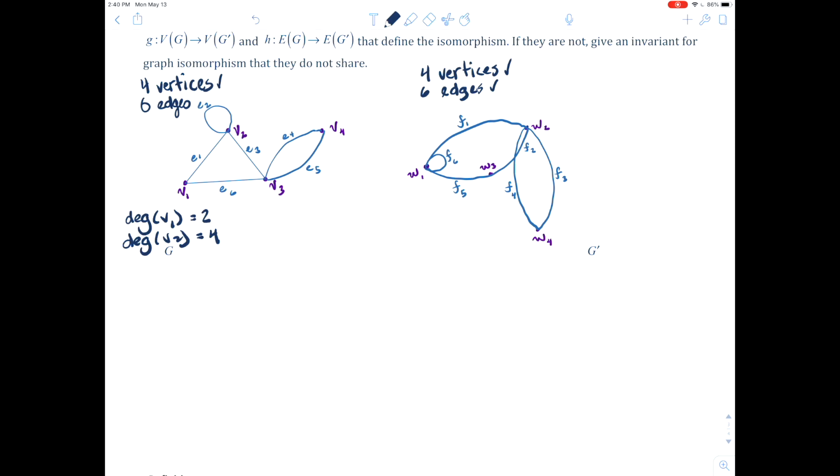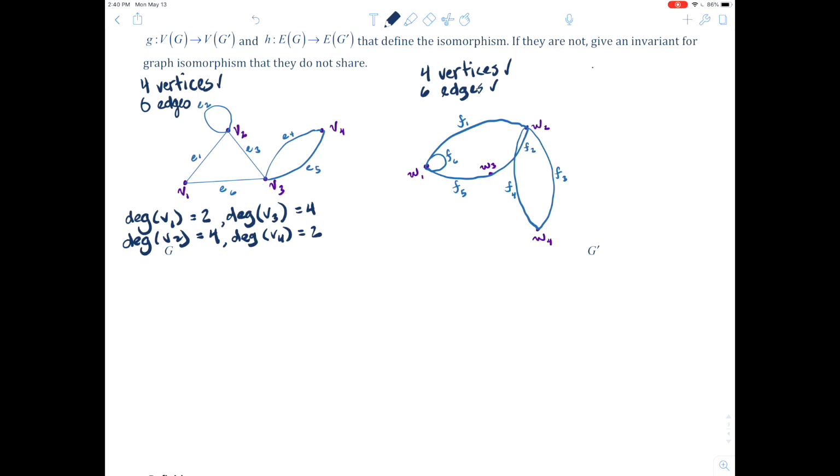So it's got 2 edges coming out, and then you count the E2 twice, so you get a degree of 4. And the degree of V3 is going to be, good, 4. There's 4 edges coming out from it. And the degree of V4 is, beautiful, 2. So let's check G prime, okay?